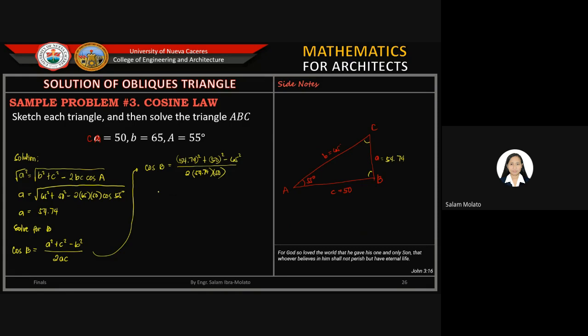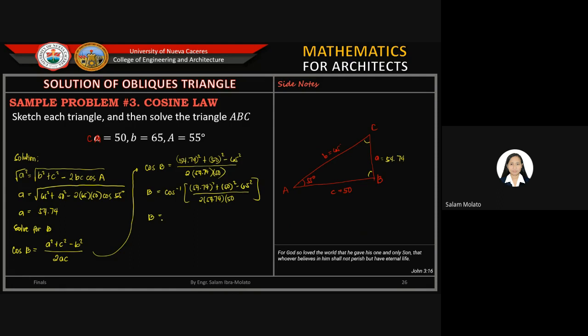So therefore, to solve for B, B is equal to arc cosine of 54.74 squared plus 50 squared minus 65 squared divided by 2 times 54.74 times 50. Okay? So B will give you what?